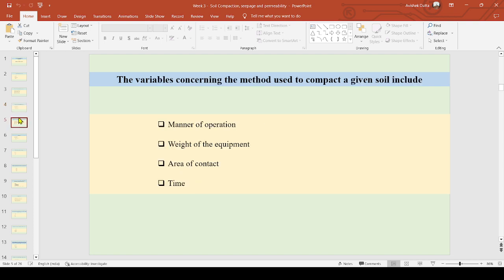This is also another MSQ, multiple select question, so more than one option can be correct. The variables concerning the method used to compact a given soil include, the options are manner of operation, weight of the equipment, area of contact, or time.